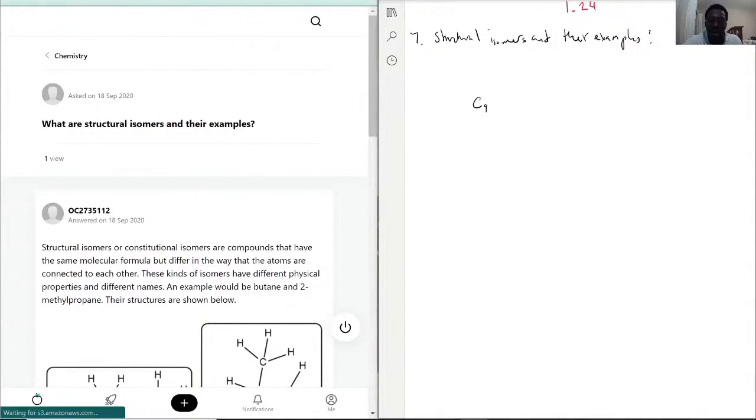C9H16O. Oops, sorry, wrong one up there. C9H16. The reason why I put that is that this can be written in so many ways, okay?